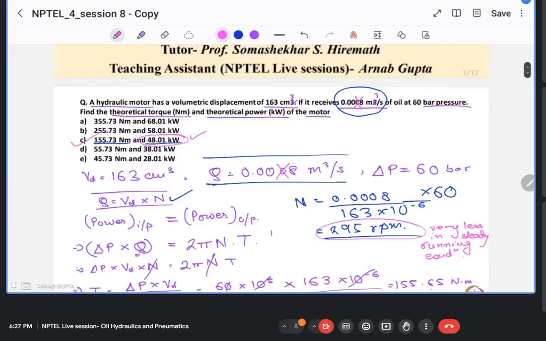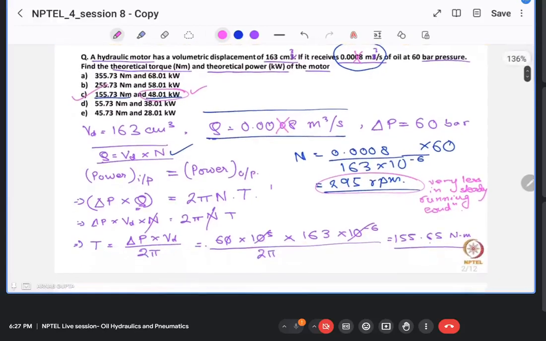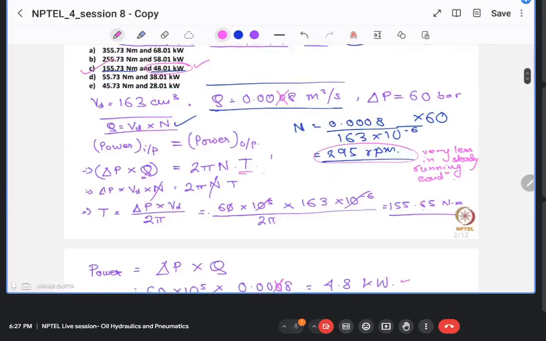Let's see. You could ask whether this torque will also change or not. But you should keep in mind that torque is not dependent on Q. As we are equating this, torque is not dependent on the flow rate.